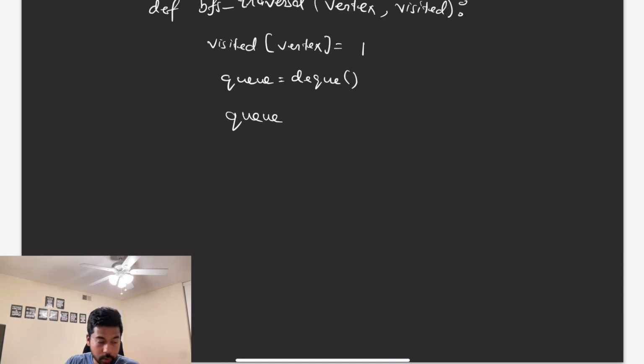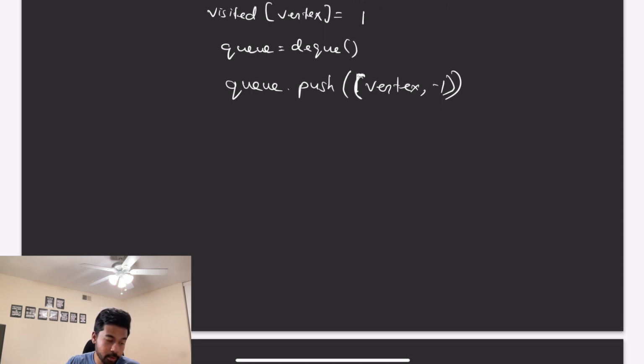Since the queue stores that stuff, we're gonna put in a tuple again. But the tuple is gonna be vertex comma parent, which is -1. So instead of just pushing in the element, you'd have the parent stored there as well.